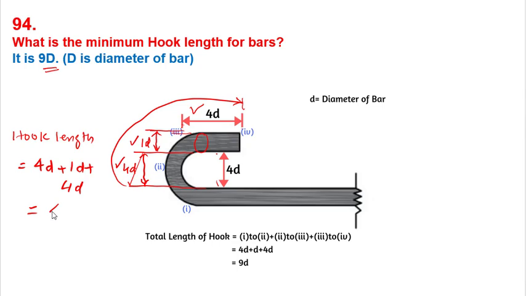Total hook length will be 9 times the diameter of the bar. And this diameter will always be in millimeters. Got it? So the minimum hook length for a bar will be 9 times the diameter of the bar.